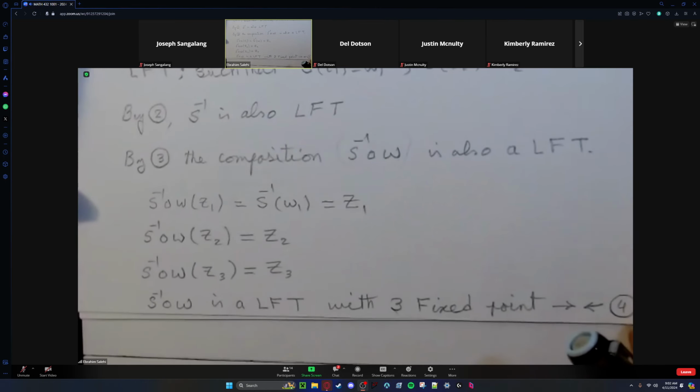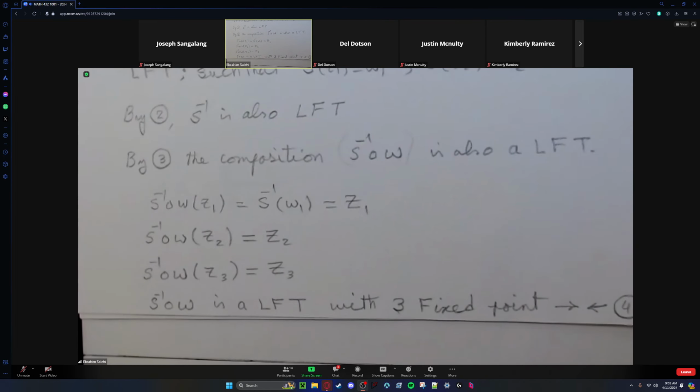So if you have 3 distinct points and their images, those 3 distinct points and their images will uniquely determine that linear fractional transformation.